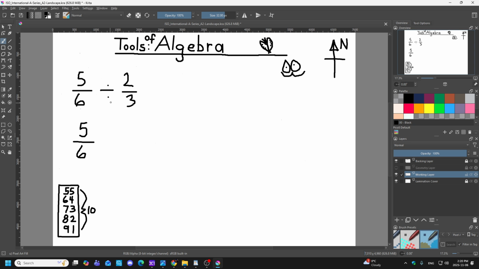The next thing we're going to do is get rid of this division symbol. How do we do that? Well, that's simple. All we need to do is flip this fraction.